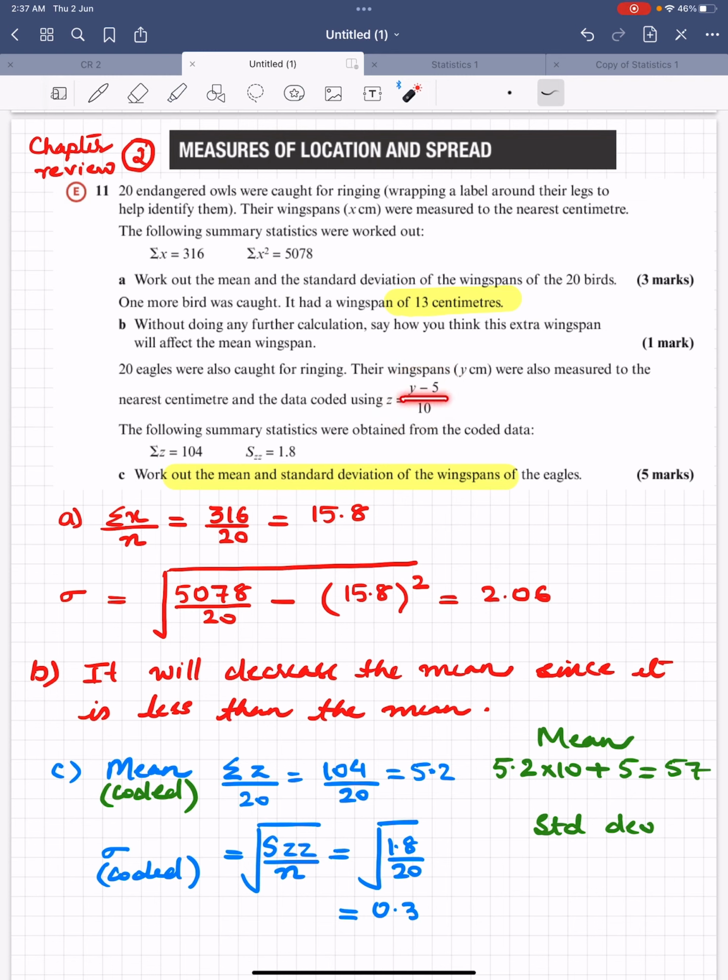So since we have divided in coding, now we will multiply. So we will multiply 0.3 by 10, and the answer is 3. So the mean wingspan is 57 and the standard deviation of wingspan is 3.